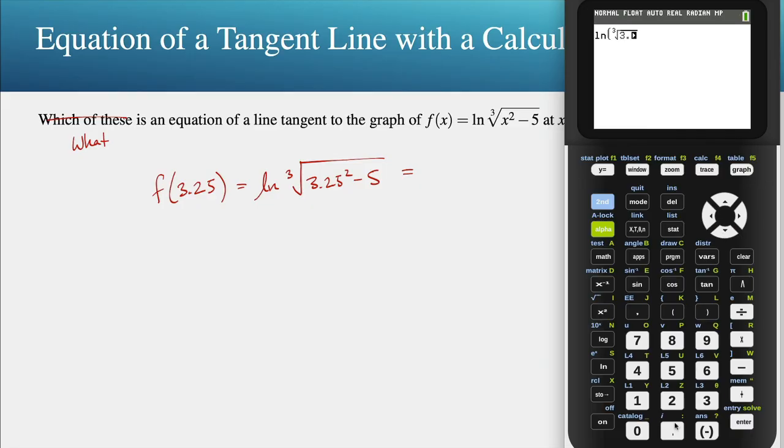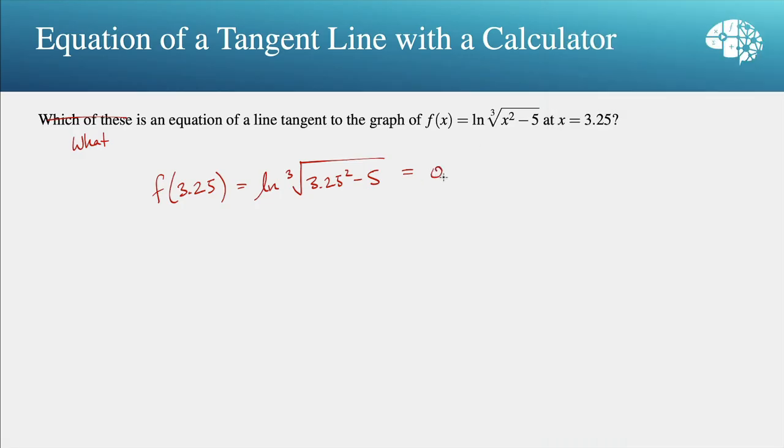Cube root of 3.25 squared minus 5. Okay, and so there's our function value, 0.572. Okay, so that's the point. The x-coordinate is 3.25, the y-coordinate is 0.572.